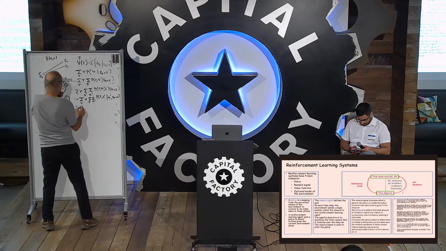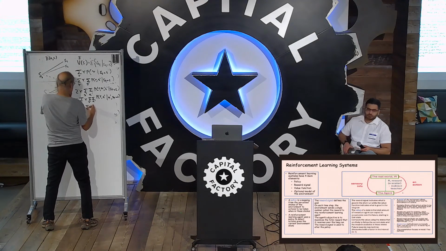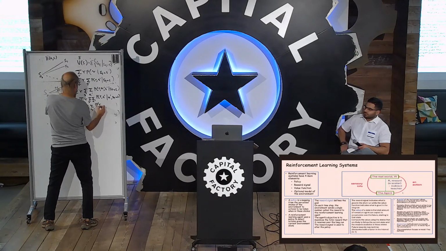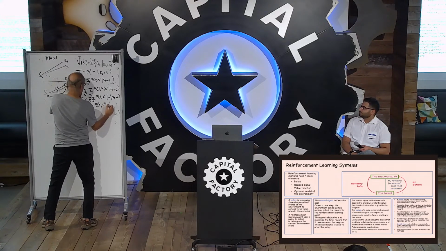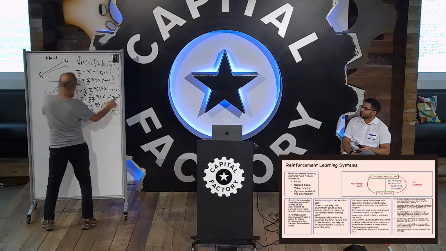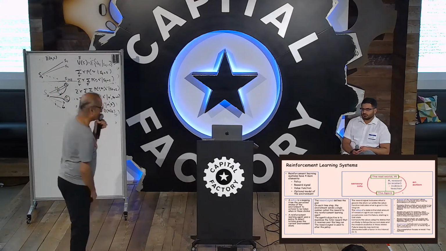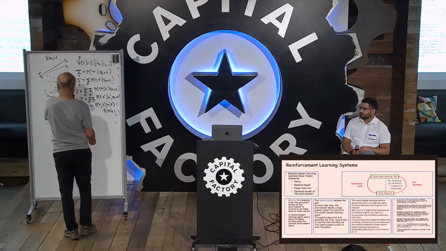So here I can write this as a sum over all A prime, sum over R, sum over S prime, of the probability of R given S prime, times the probability of A prime given S, times the probability of A given S. I'm assuming you know conditional probability; factorization is better than mean.